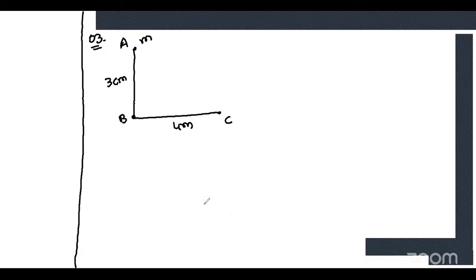In this case, I want to find the distance and displacement. Distance is the path length covered by the particle, that is AB plus BC, which is 7 meter.